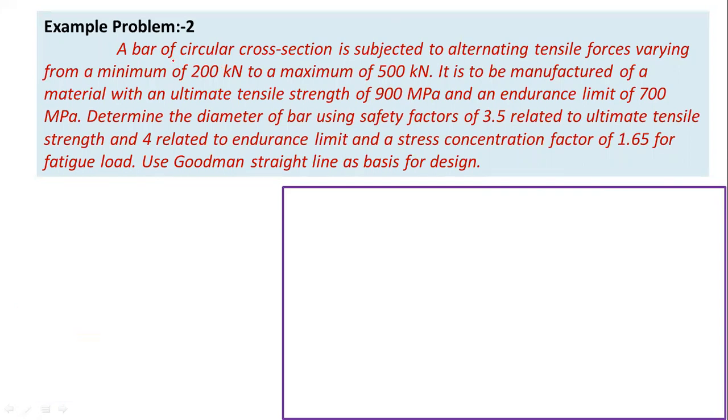Circular cross section means the cross section of the specimen is circular in shape. It is subjected to alternating tensile forces varying from a minimum of 200 kilonewtons, that is the minimum load, and the maximum load equal to 500 kilonewtons.